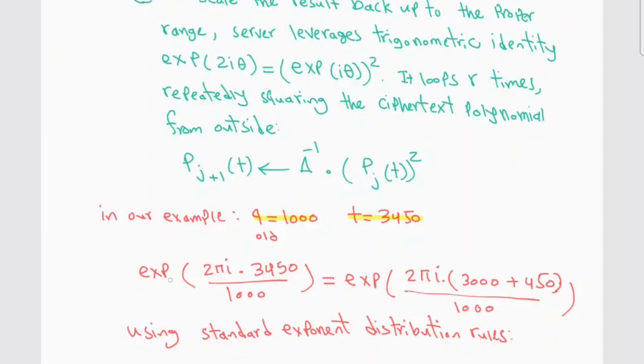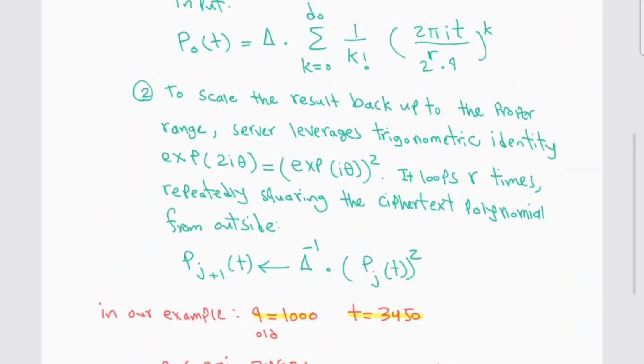If you write these equations, and this is equal to E(T), this equation is equal to the exponential of 2 pi i times 3450 divided by 1000, and 3450 is actually 3000 plus 450.